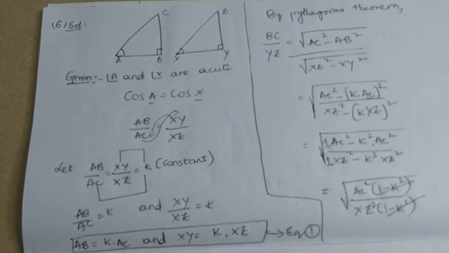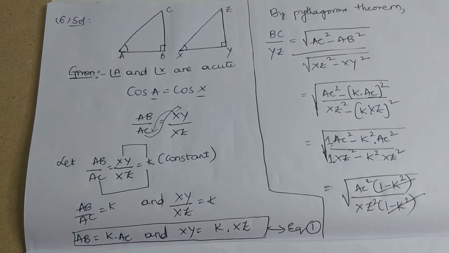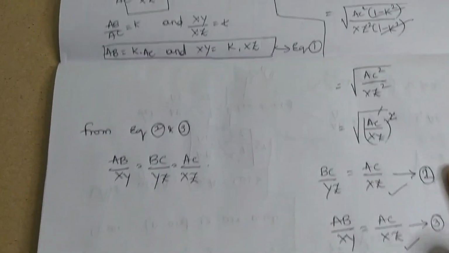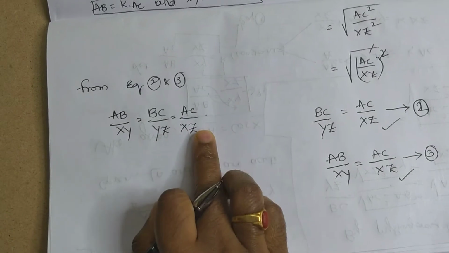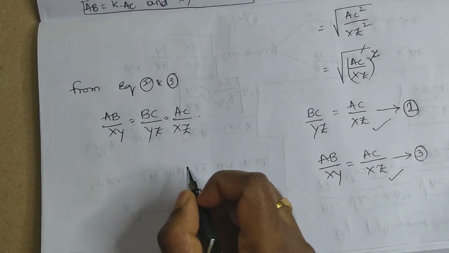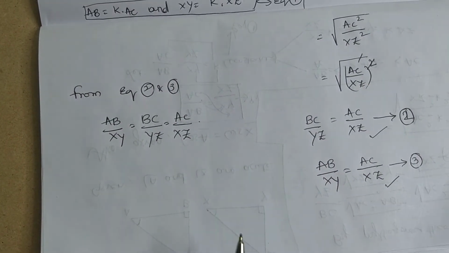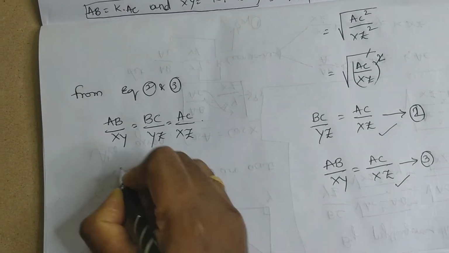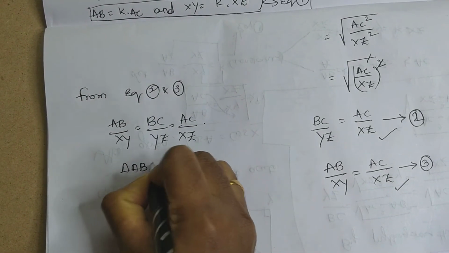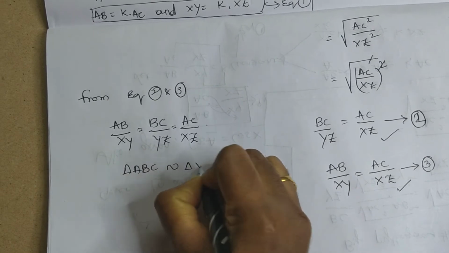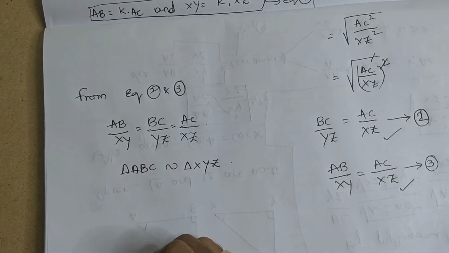It means that the corresponding sides of two triangles are proportional. Correct? So if the corresponding sides of two triangles are proportional, we have to prove that the two angles are equal. So if the corresponding sides are proportional, then we can write that triangle ABC is similar to triangle XYZ. Correct?